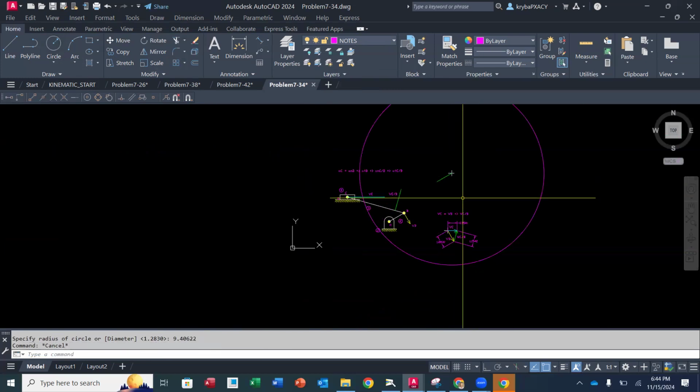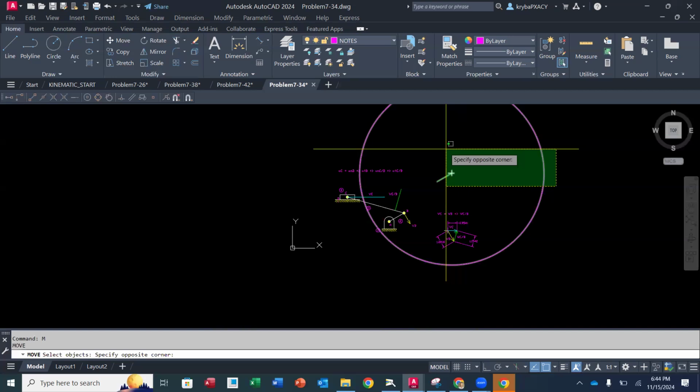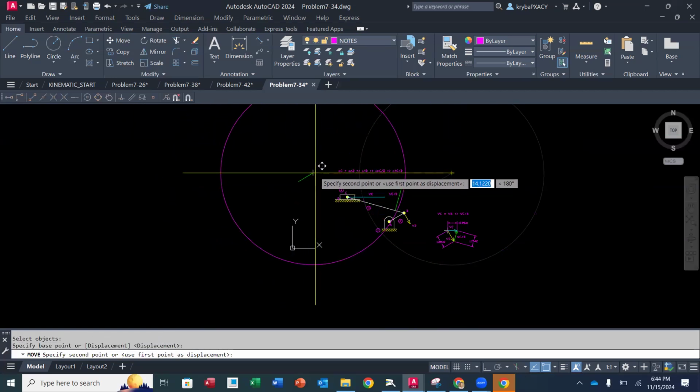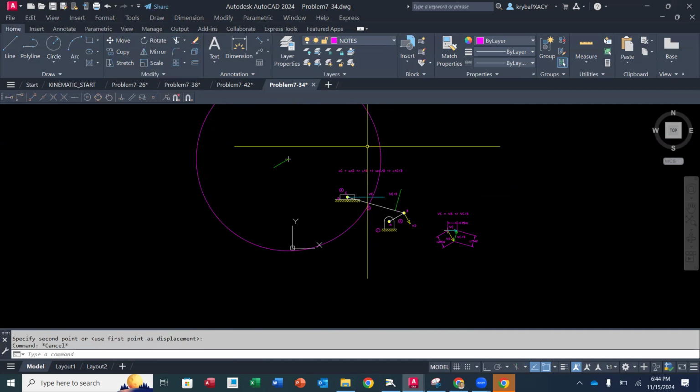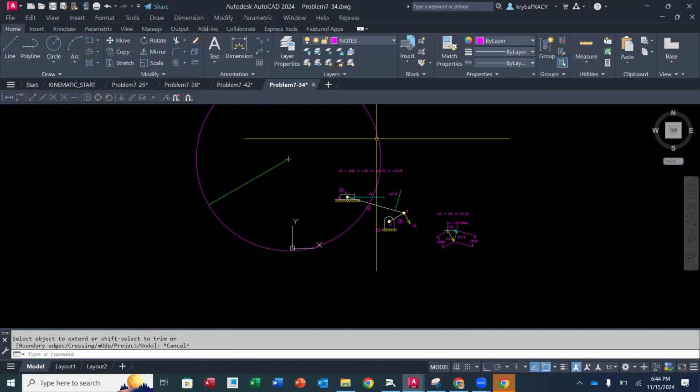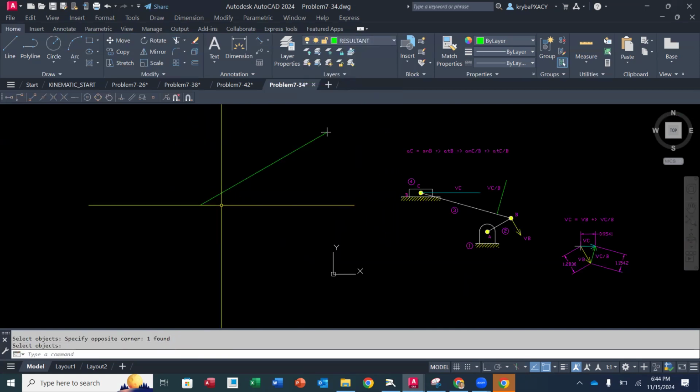Okay. So we'll have to move. I'll maybe go over here. Right there. And we'll extend this there. Resultant.